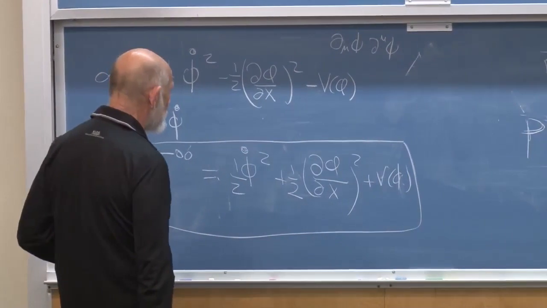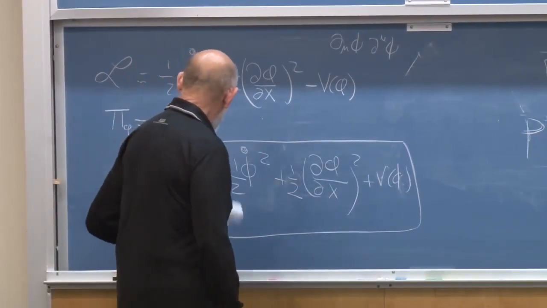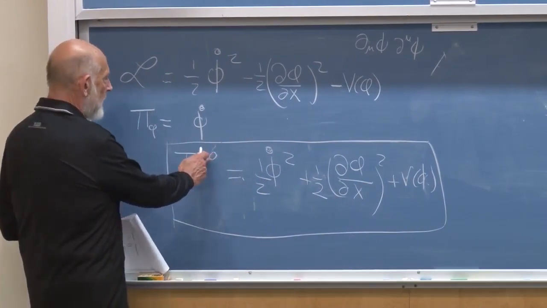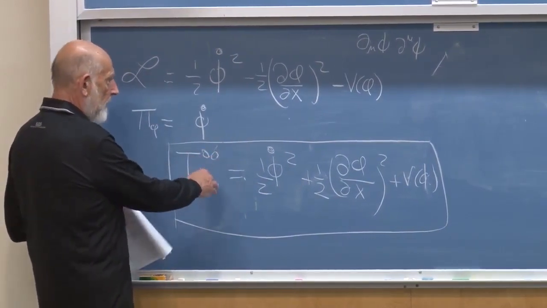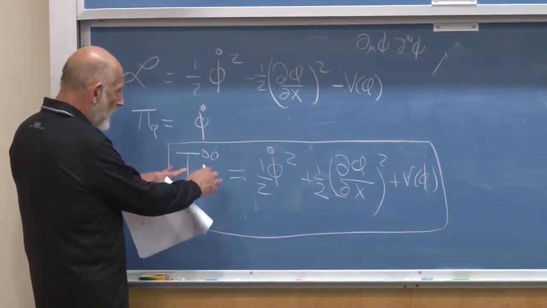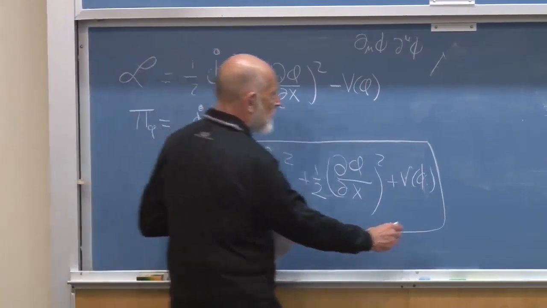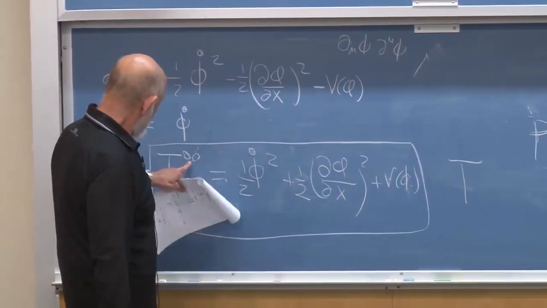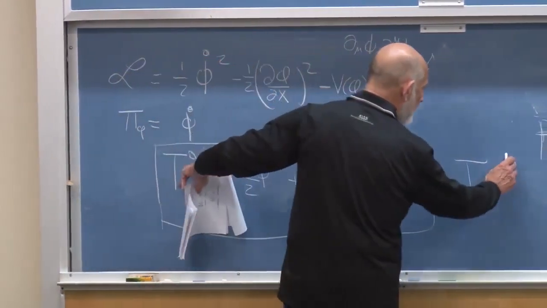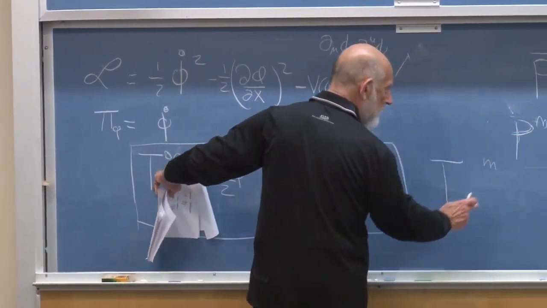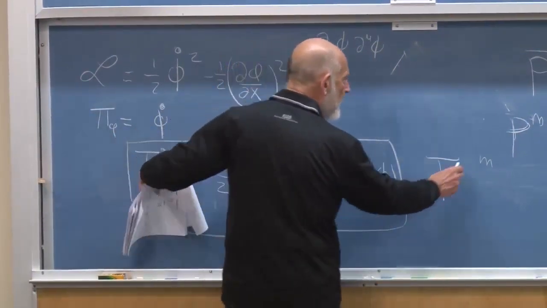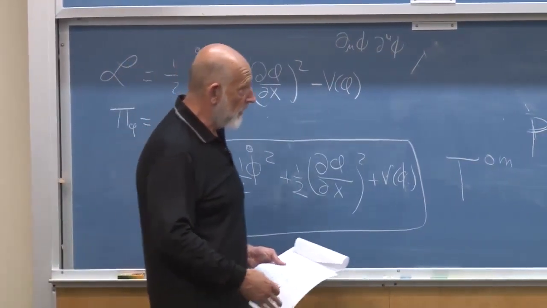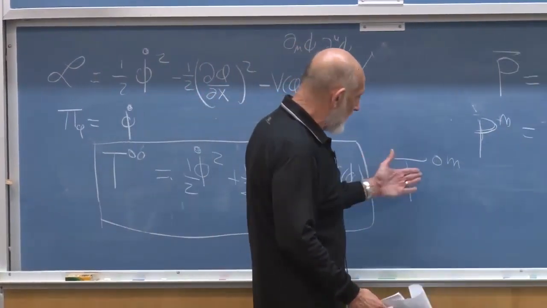What sort of notation should we use for it? It's the momentum density, so we'll call it T. M for the fact that it's the mth component of the momentum that we're talking about, but 0 from the fact that we're talking about a density.